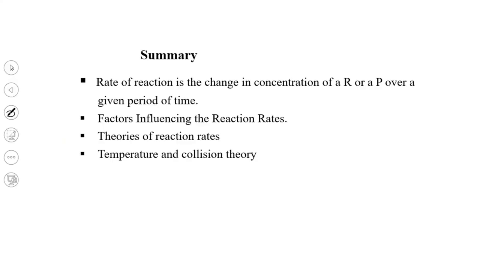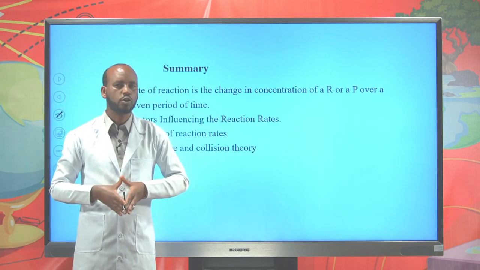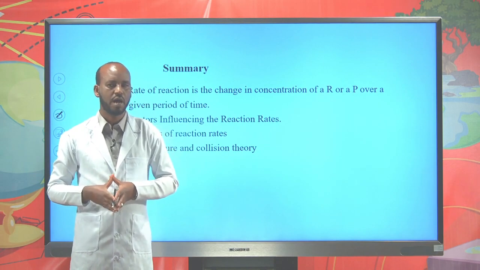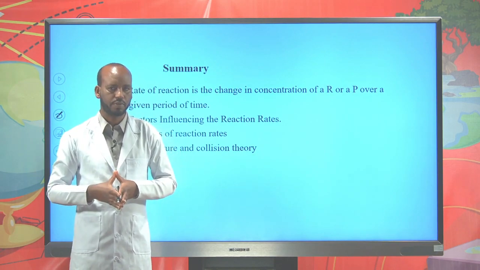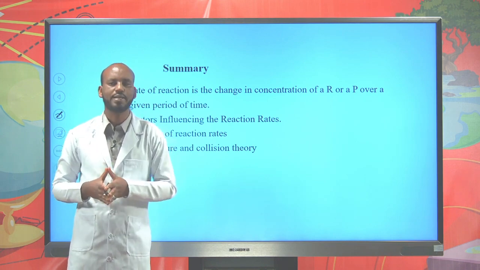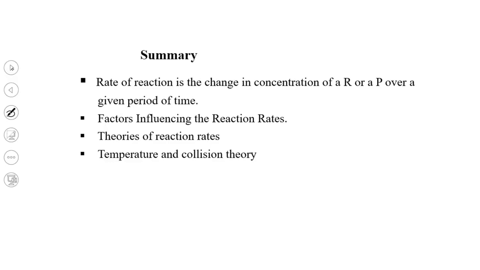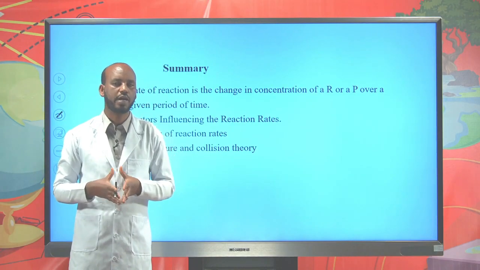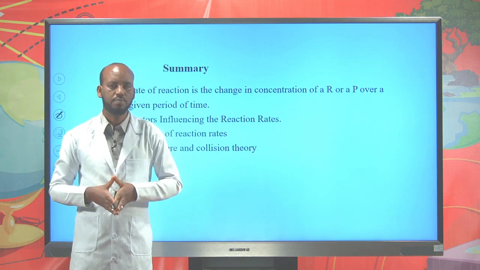We learned theories of reaction rates, the two important theories which help us to understand rate of the reaction are collision theory and transition state theory. According to collision theory, for a reaction to take place, there must be collision between reacting species. We learned temperature dependence of Arrhenius equation. This brings us to the end of our today's lesson. Until next time, goodbye.